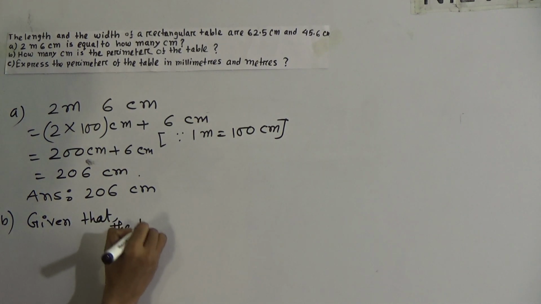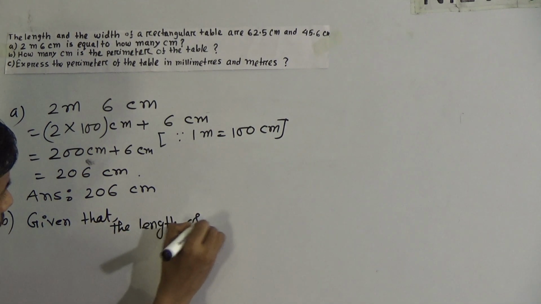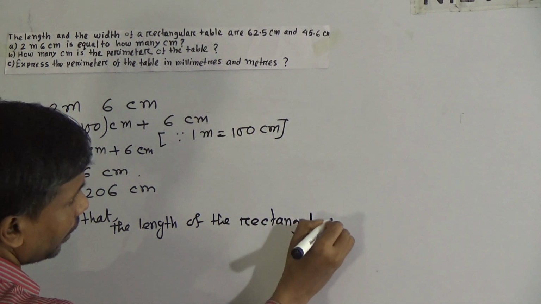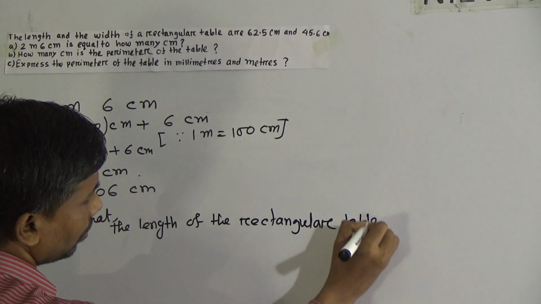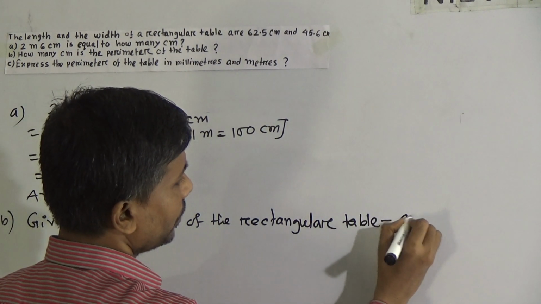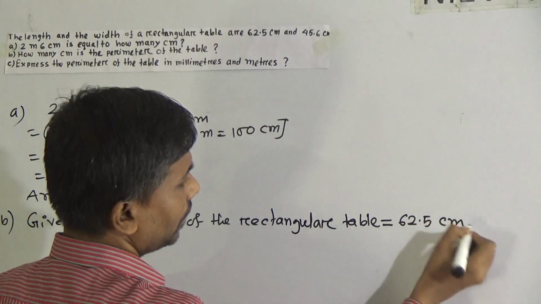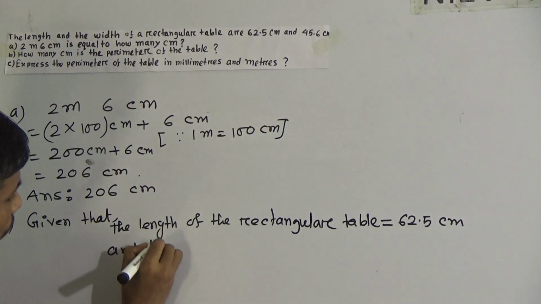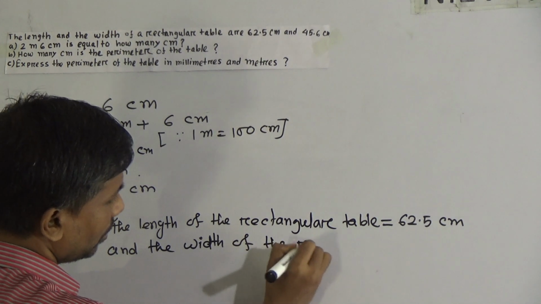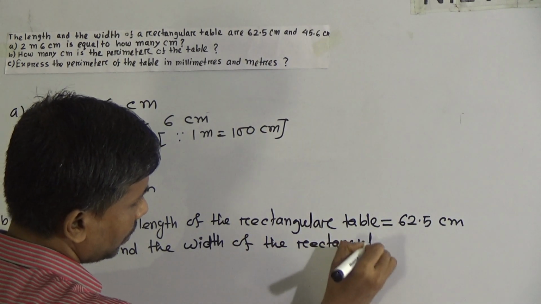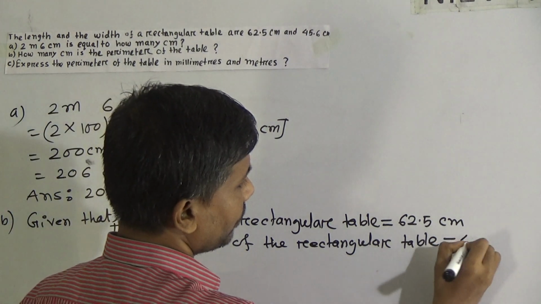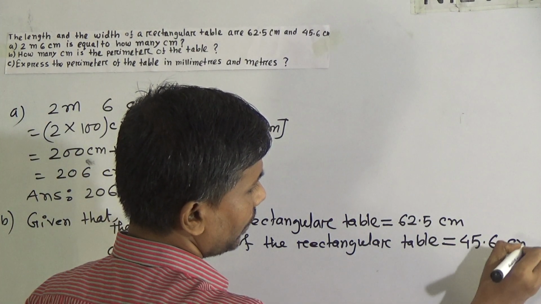the length of the rectangular table is 62.5 centimeter, and the width of the rectangular table is 45.6 centimeter.